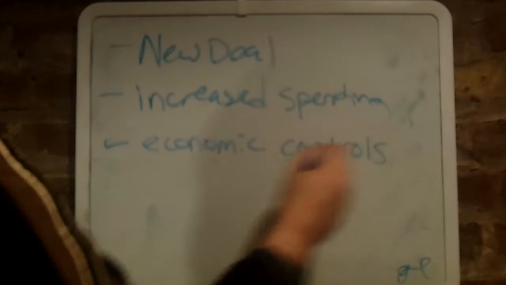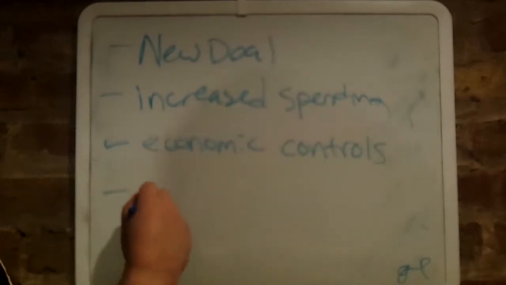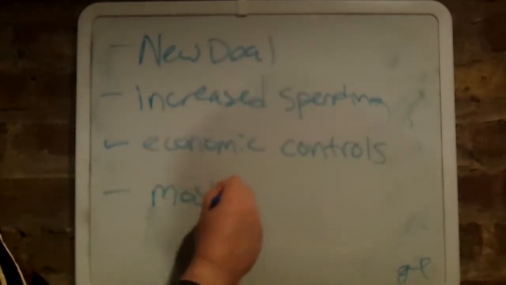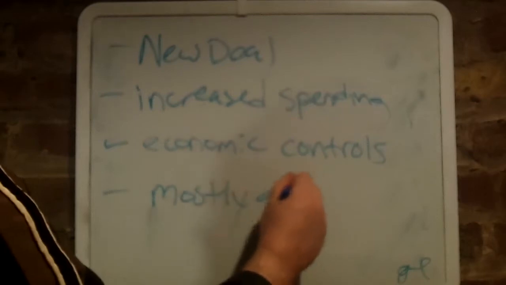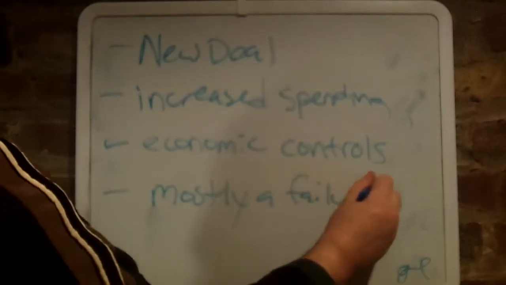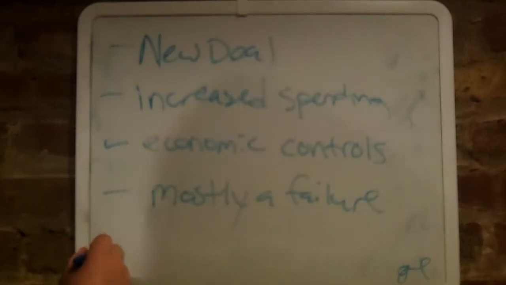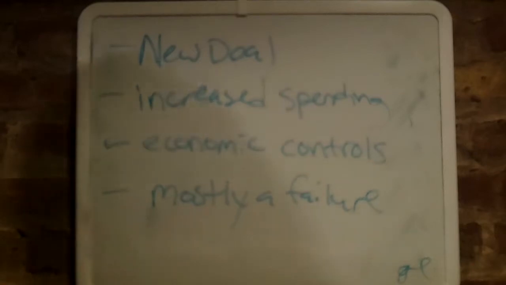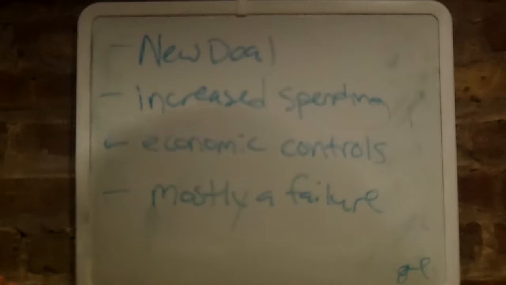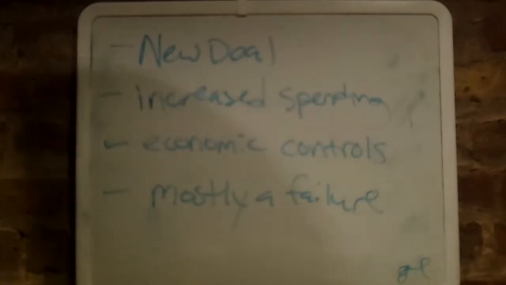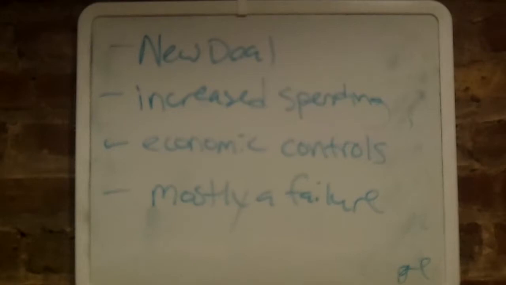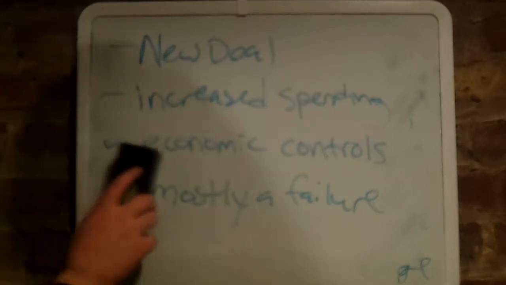And it was mostly a failure. Pretty much the only New Deal program that survives today is Social Security, which began in 1935. That's, I guess, aside from FDR's involvement in World War II, is his main legacy. That brings us to our next topic.